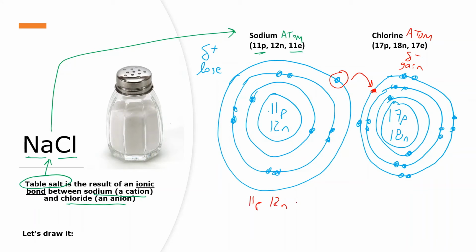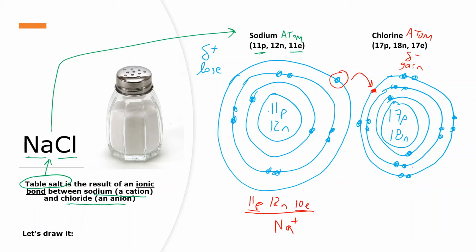But now, since it lost 1, there's only 10 electrons. So there's a deficiency. We can call this an ion now because there are more positive charges than there are negative charges. So this can be written as Na+, a sodium ion, instead of an atom.